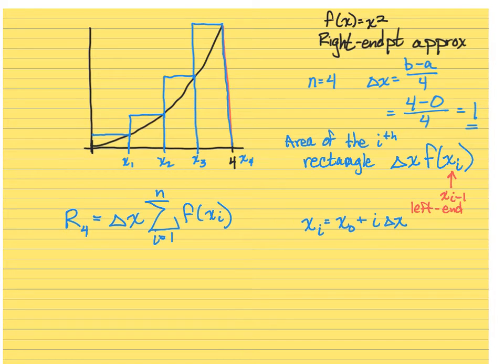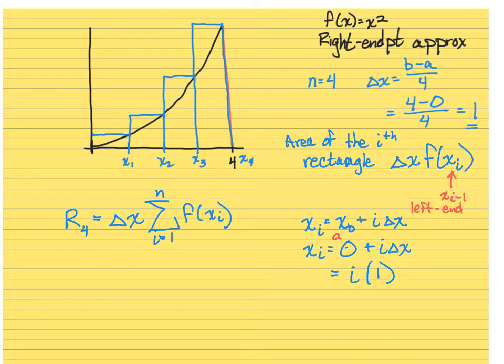All right, so again, look back in our notes, it's important that we have this little formula that gives us the value. So x sub i, and this is for the right, is a, or 0, that's a, right? 0 plus i times delta x, or in our case, it's just i times 1, right?